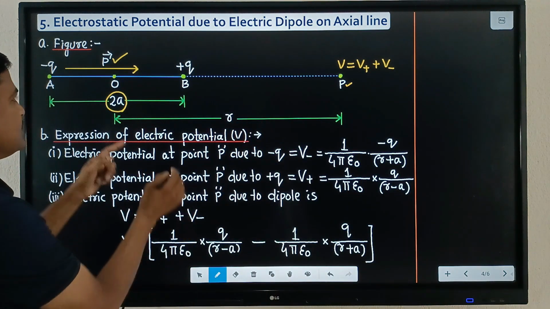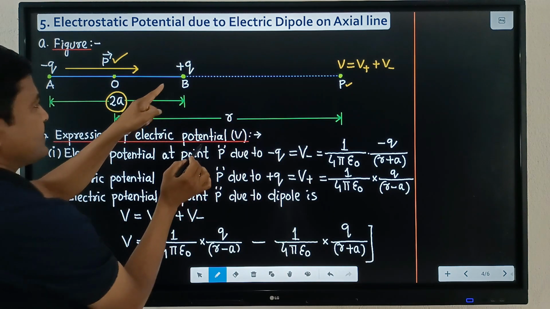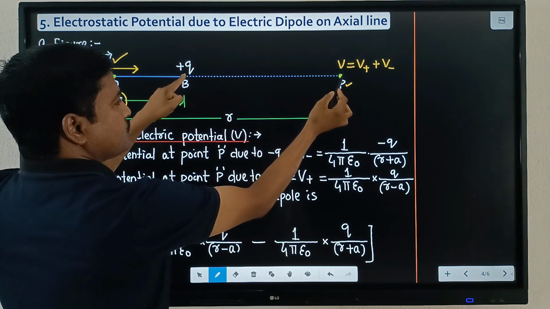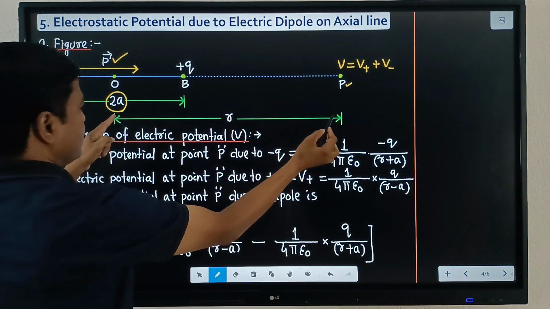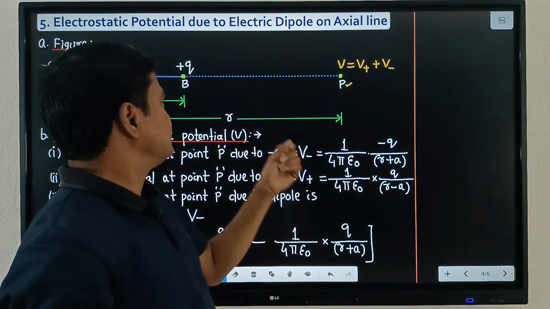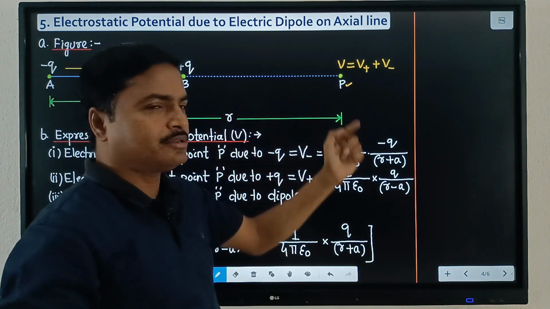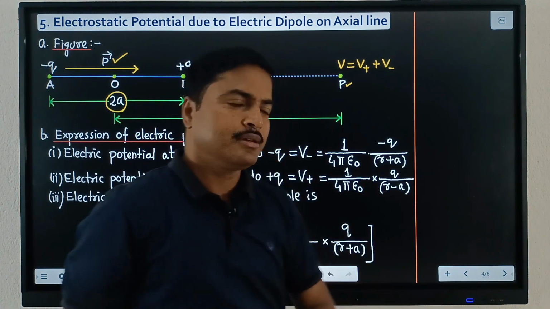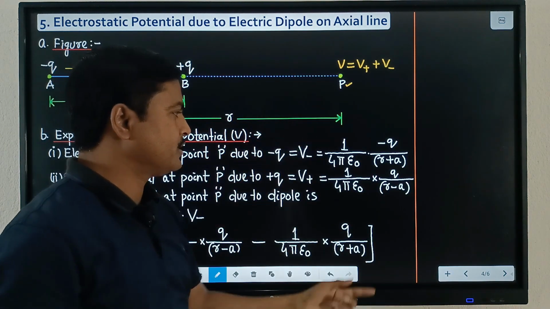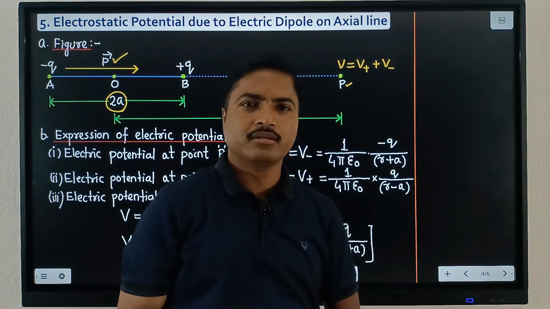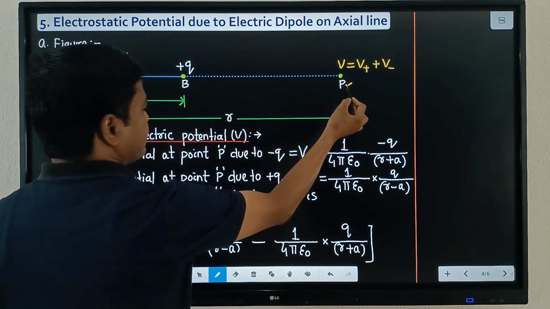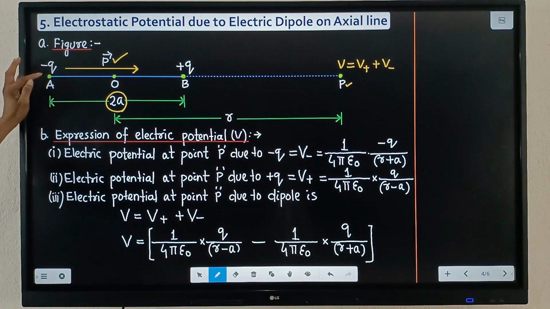Similarly, the distance between the plus q charge and the observation point is r minus a. So the distance between plus q and the observation point is r minus a, and the distance between minus q and the observation point is r plus a. Clear?